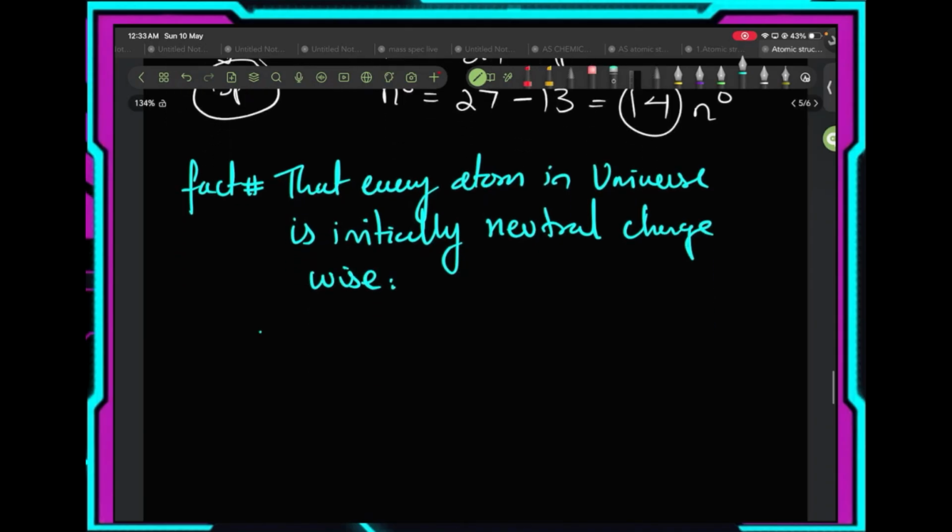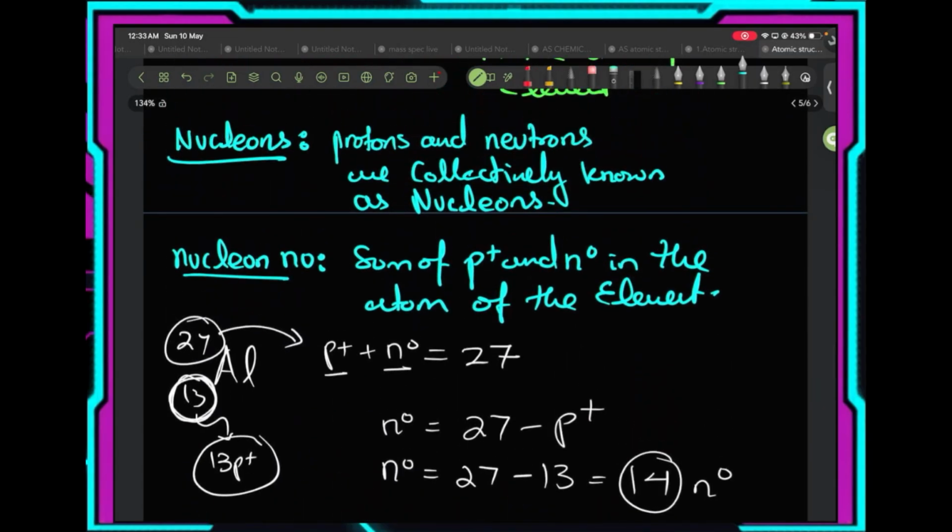So if your aluminium atom has 13 protons, that means it has a charge of 13 plus. Every single proton has 1 plus charge, so 13 protons would have 13 plus charge. Do we see any charge on the aluminium atom written as 13 plus? No, because it is neutral.